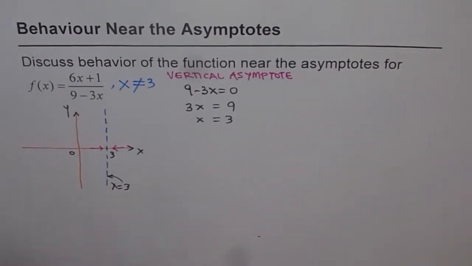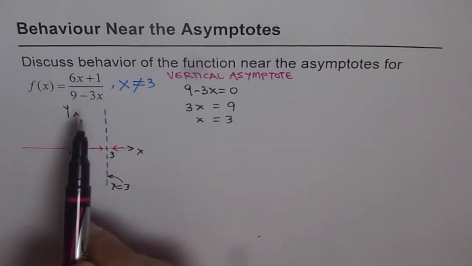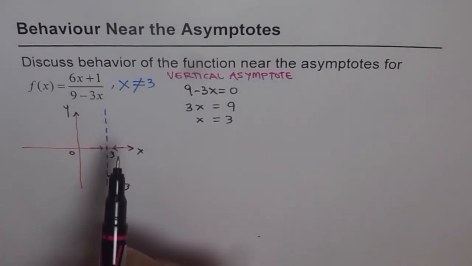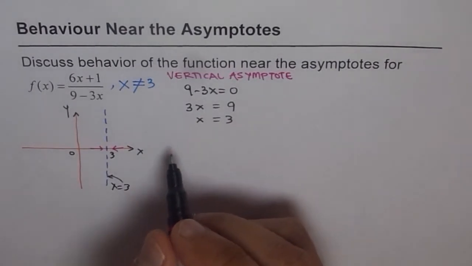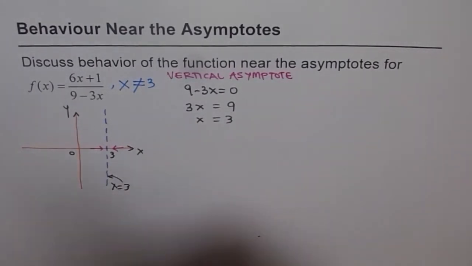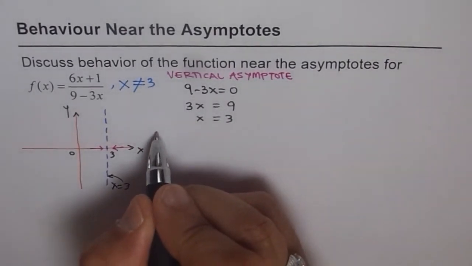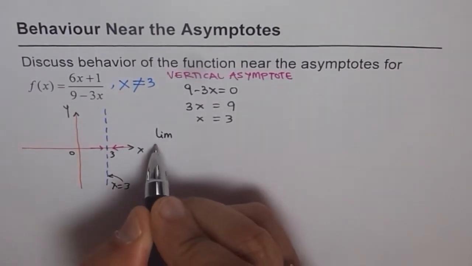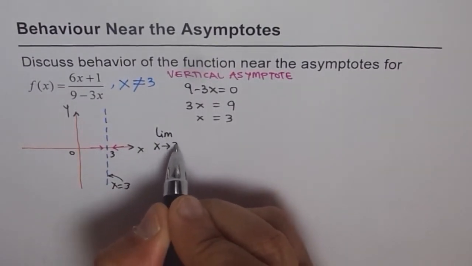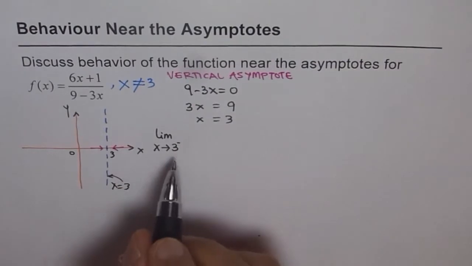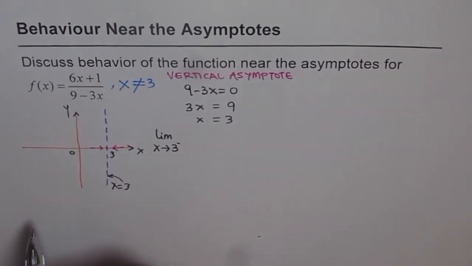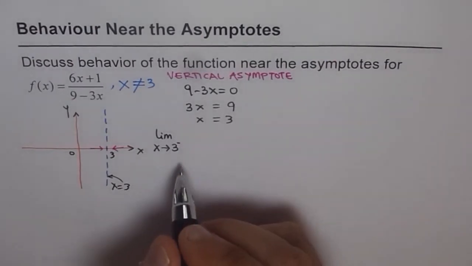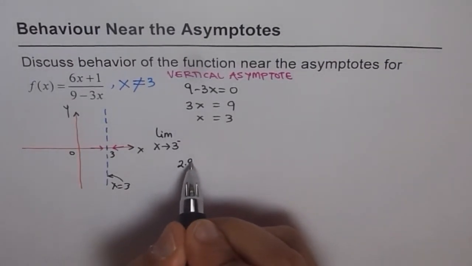Now to find the behavior, what we can do is substitute a value which is close to 3 on either side. So we can ask, what is the limit of the function when x approaches 3 from the negative side? Negative side means where our test point is less than 3. Let us say our test point is 2.9.